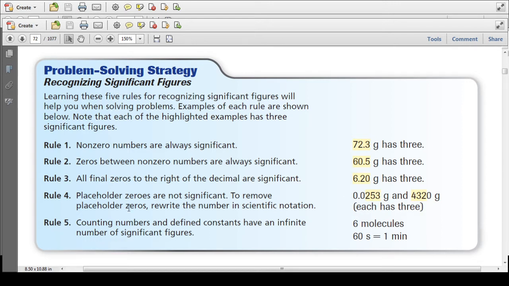And rule number 5: counting numbers and defined constants have an infinite number of significant figures. So in this case, 6 molecules has an infinite number of significant figures, and 60 seconds is equal to 1 minute.